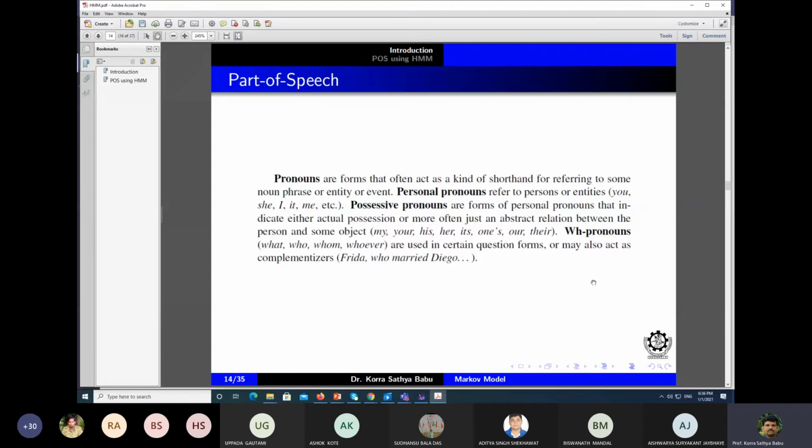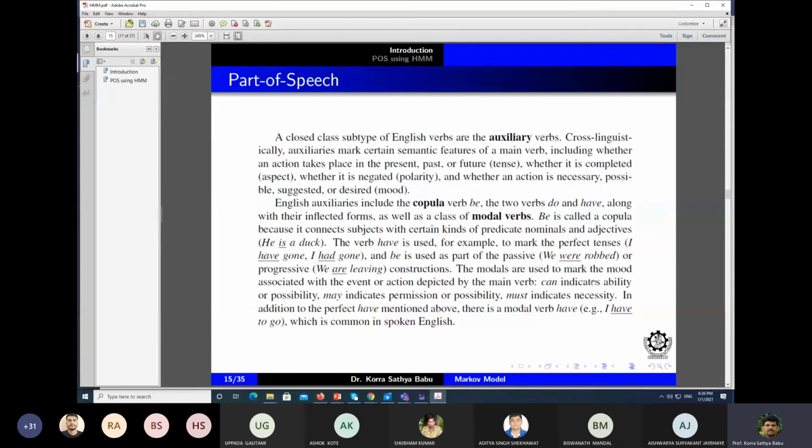Must indicates necessity. And in addition to the perfect have mentioned above, there is a modal verb have, like I have to go, right? We have the modal verb have.